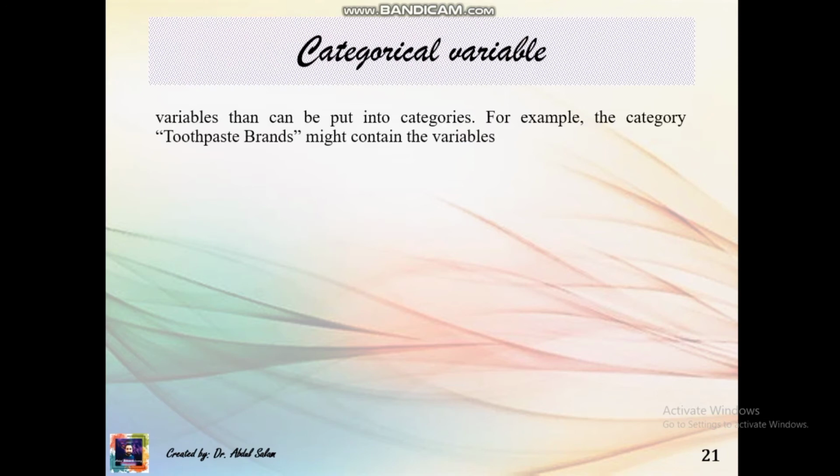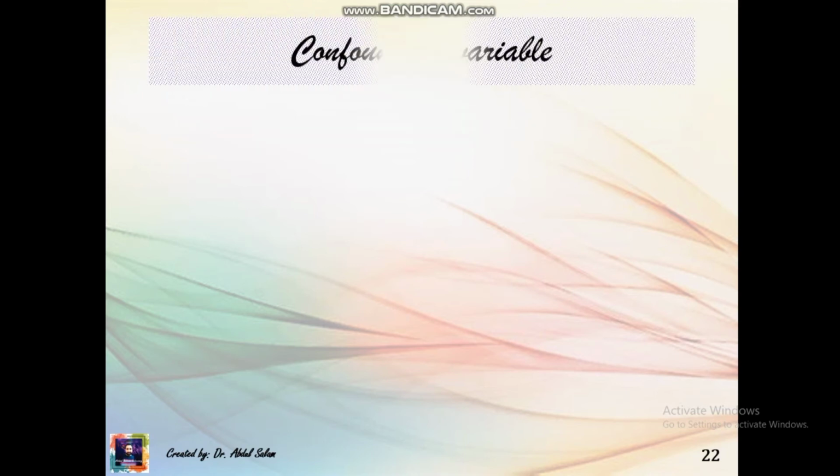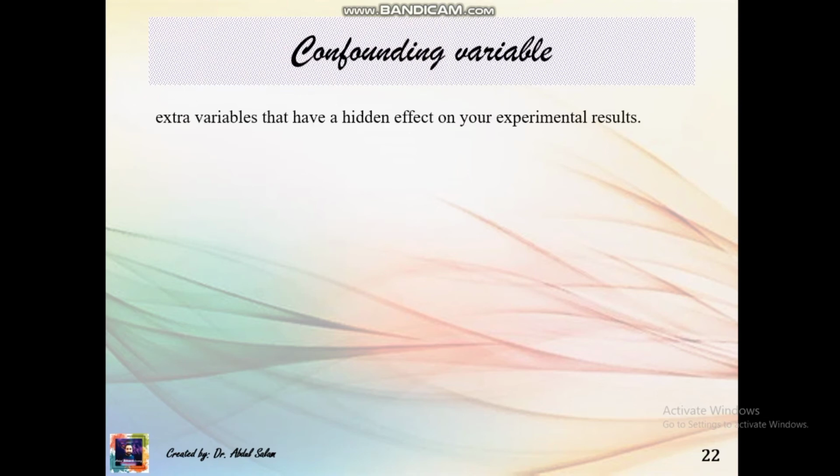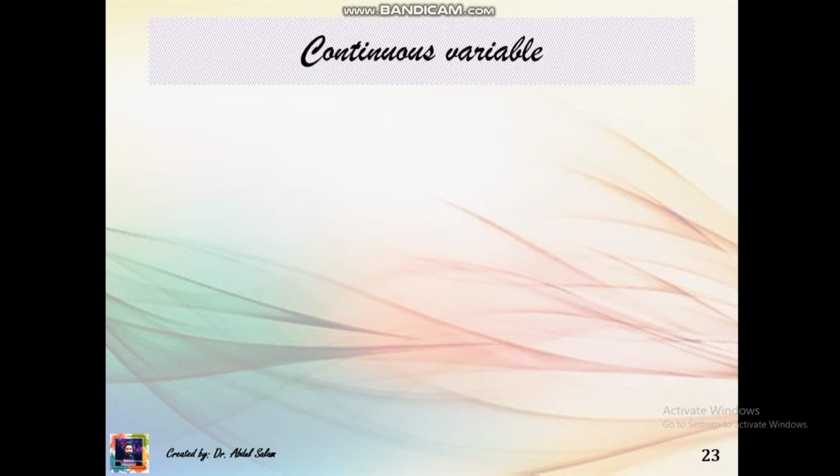Categorical variables. Variables that can be put into categories. For example, the category toothpaste brand might contain the variables. Now, confounding variables. Extra variables that have a hidden effect on your experimental results. Continuous variables.